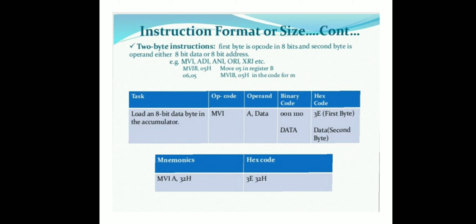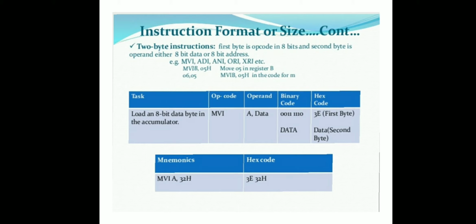In this type of instruction, the instruction shows the data which will be used with the opcode operation, like MVI B, 05.